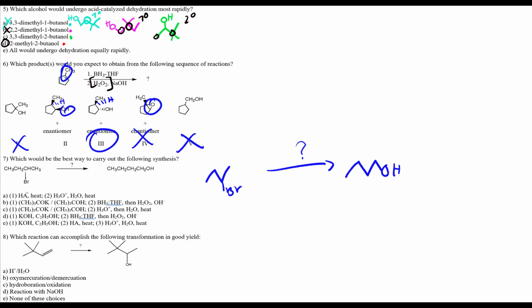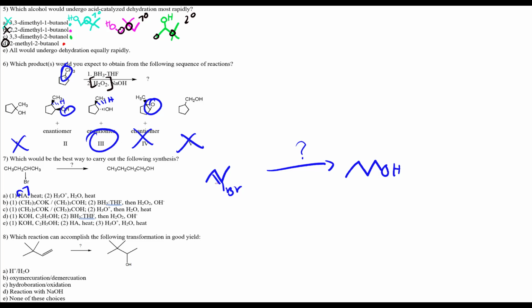Well, if I added heat and HA, I would actually do an E1 reaction, right? And it would form a double bond in the center. Why? Well, HA is just a really small hydrogen. And if you're really small, you're going to prefer Zaitsev, right? So Zaitsev says that it's going to do an internal alkene because internal alkenes are really stable.